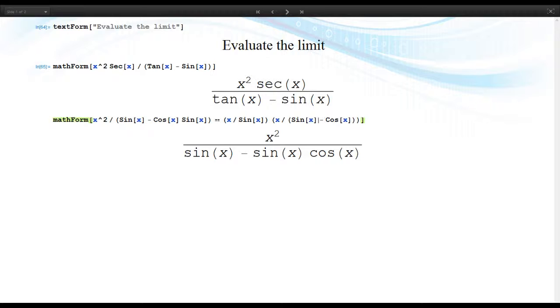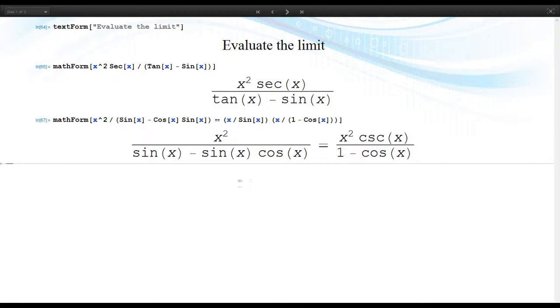What are we left with now? Oh, it automatically simplifies for us. That is fantastic. That's not what I want at all. So let's do that in two different lines.